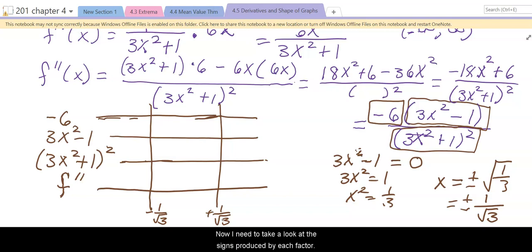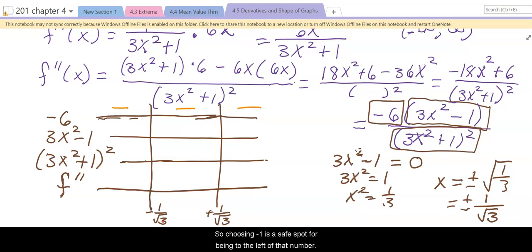Now I need to take a look at the signs produced by each factor. I know that negative 6 is a negative number and will stay negative no matter what my test point is. I haven't chosen test points, so let me go ahead and choose those now. I don't know exactly what negative 1 over the square root of 3 is, but I know it has to be less than 1.